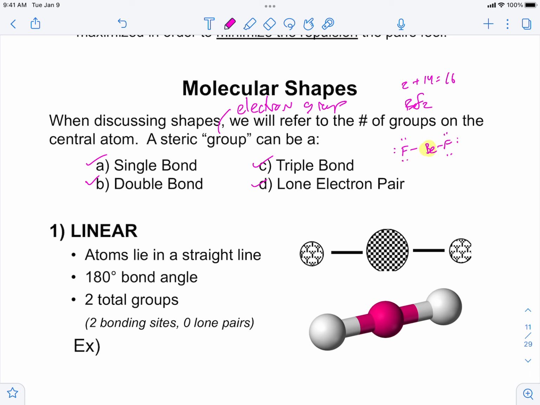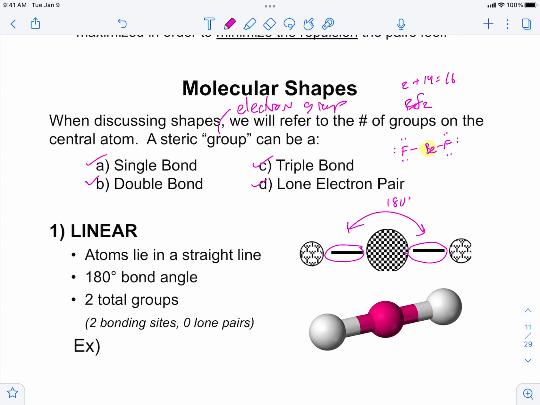So, for this particular molecule, when you have 2 pairs of electrons, the pairs of electrons will always spread out to be as far from each other as possible. And that turns out to be an angle of 180 degrees.